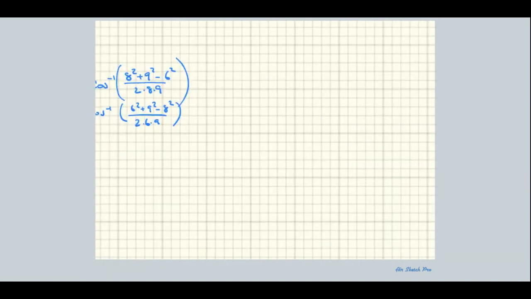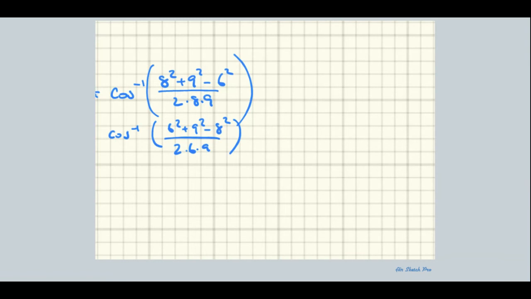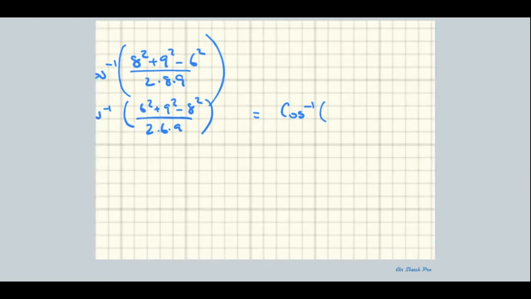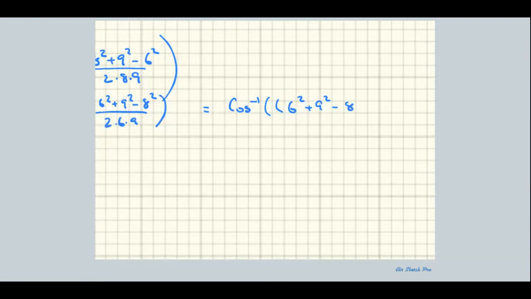Now I'll point out that this is what it looked like when I plugged it in. Here are the keystrokes. Arc cosine, and when I said arc cosine, it opened a parenthesis for me. And so I opened another one for the numerator. Then I used the square key for each of the three squares. Then I closed the parenthesis on the numerator.